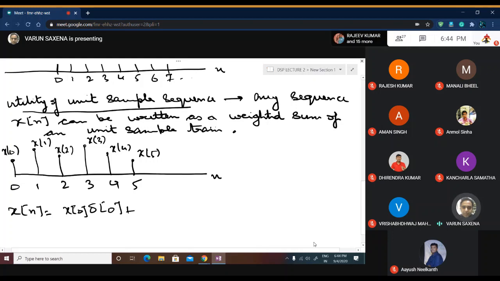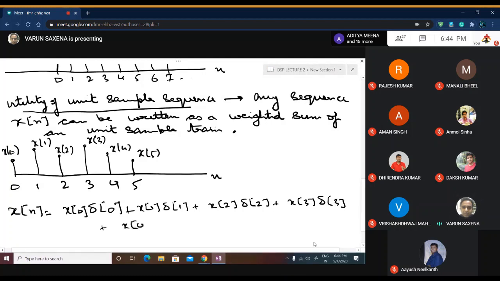This impulse is delta 1. So I'll write delta 1, x1, and write it like this. Then I can write x2 delta 2, plus x3 delta 3, plus x4 delta 4, plus x5 delta 5. Right?